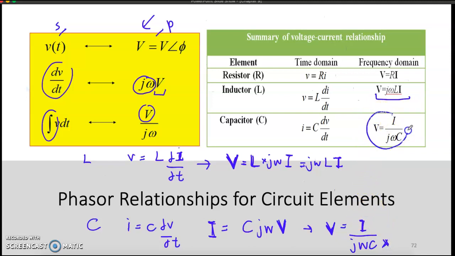So for the capacitor, V equals I times 1 over j omega C. For the inductor, V equals j omega L I. And for the resistor, it's just V equals R I. So this is the relationship between the phasor and the circuit element.